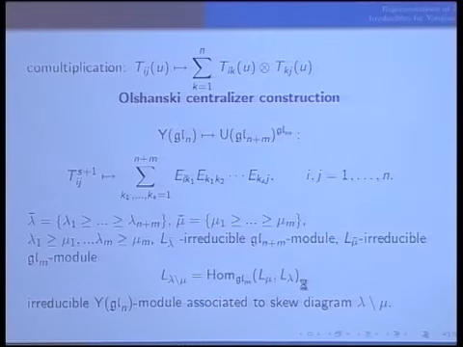Then, since the Yangian is mapped to the centralizer, the space is automatically equipped with the action of the Yangian, and it is not difficult to prove that this representation is irreducible. By the construction, this representation is assigned to a skew Young diagram, lambda minus mu. However, this is not the complete list of irreducible representations of the Yangian.